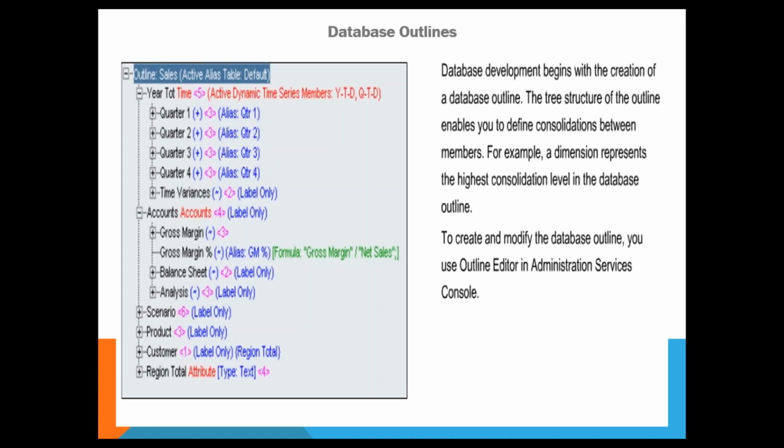Now, when I say dense, let's say the first dimension has some 100 members. When I say 100 members, it could be 10 siblings and then level 0 might be 90. It could be anything. I'm just giving you a number, 100 members.